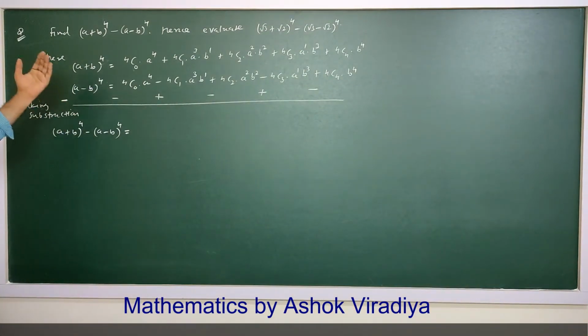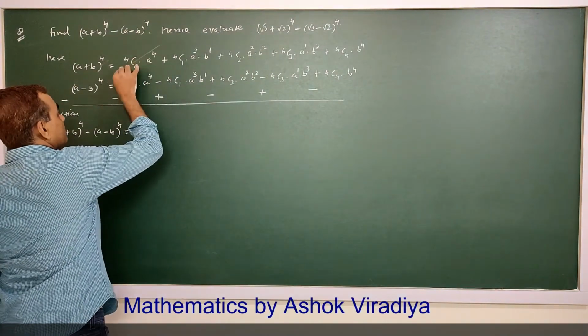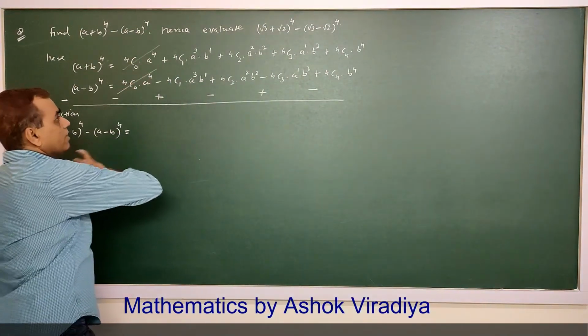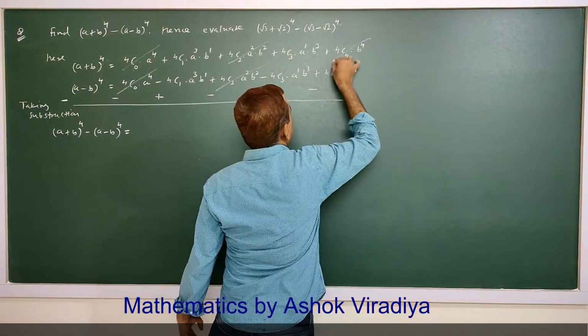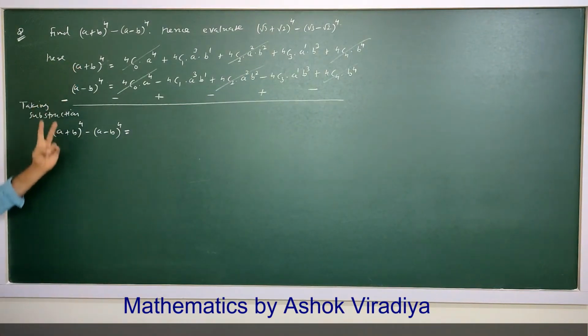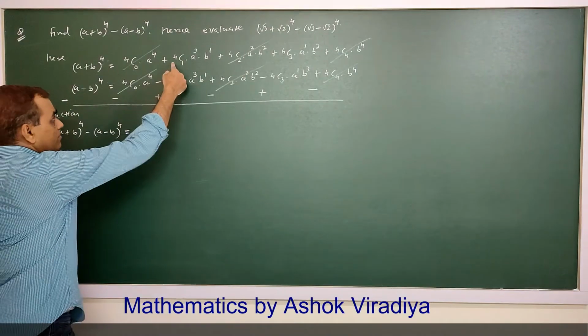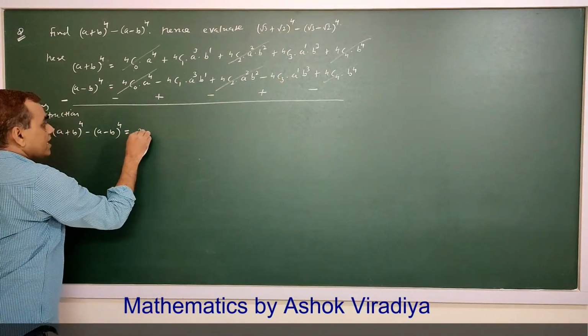Subtracting the second equation from the first equation, you can see that these are opposite numbers, so this will be cancelled, this will be cancelled. So what is left? This becomes double, this becomes double.